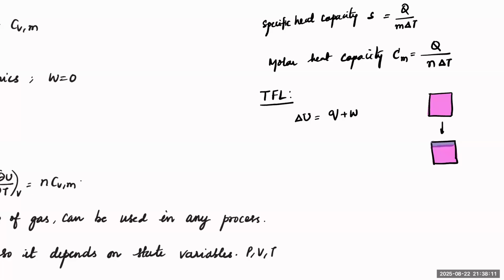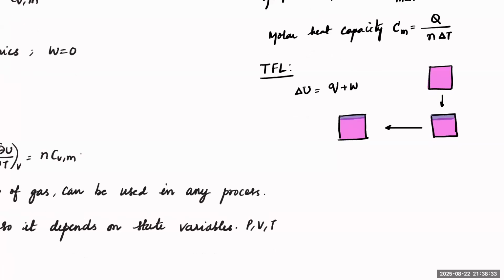This I am symbolizing with a different color. And there might be loss of heat also. Let's say from here, there is some heat being lost as well. So first I will have some work which is being lost, and then let's say there is some amount of heat that is being lost.